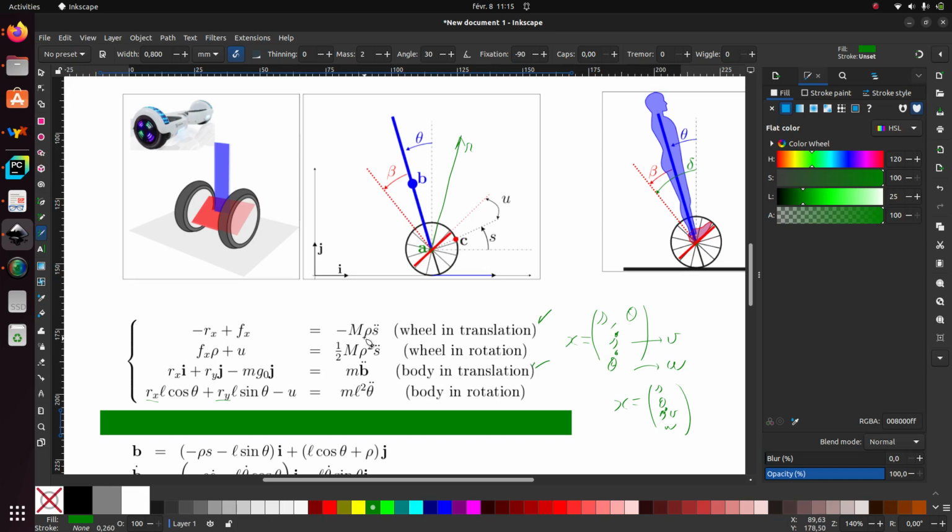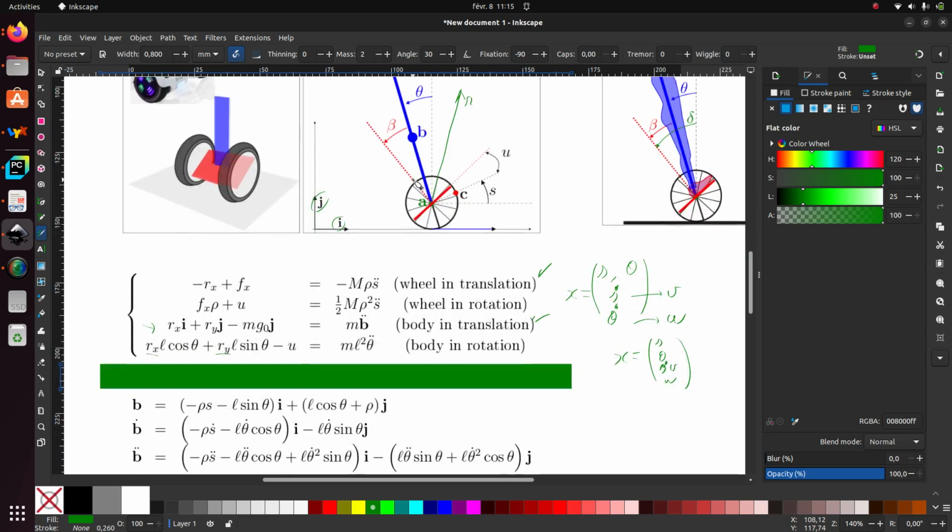The mass and the dimensions, such as rho, the radius of the wheel, will be involved in this equation. And here, take care, it's a vector equation where i and j correspond to these unit vectors. A corresponds to the center of the wheel, C is one point of the wheel, and B is the center of gravity of the human, or of the pendulum.